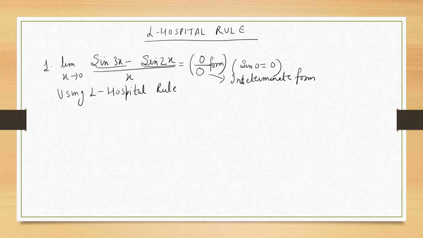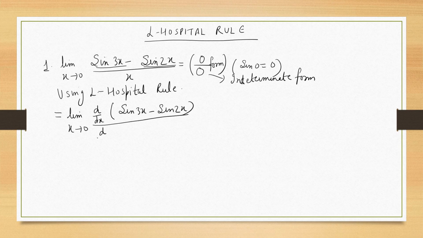It is very simple. We need to differentiate both the numerator and denominator, and then we will put the limit. So that means d/dx of sine 3x minus sine 2x in the numerator separately, and the derivative of the denominator, that is x, separately.